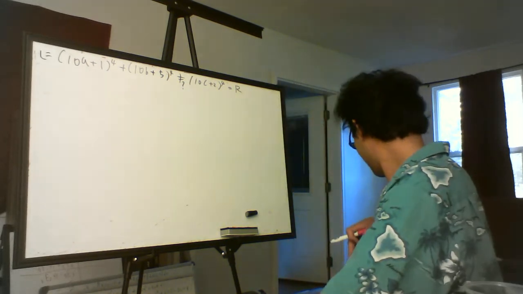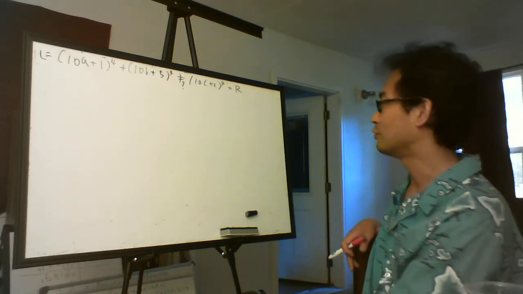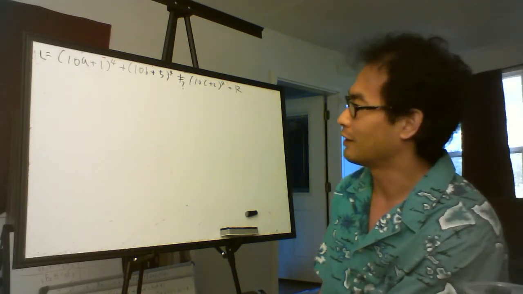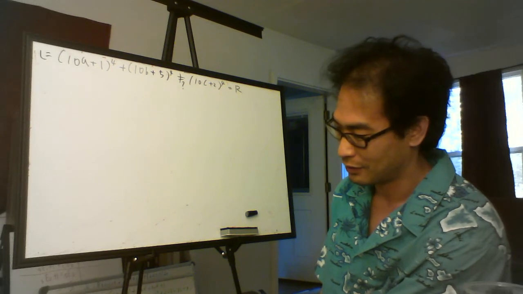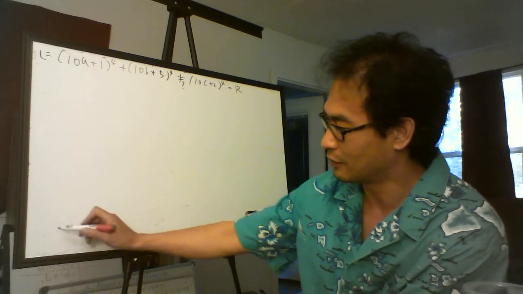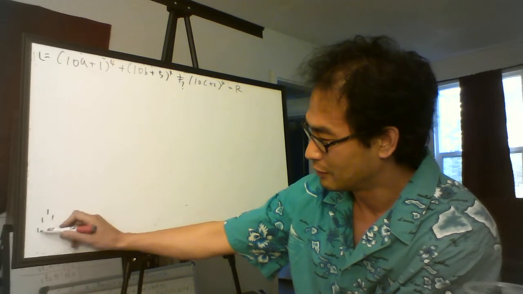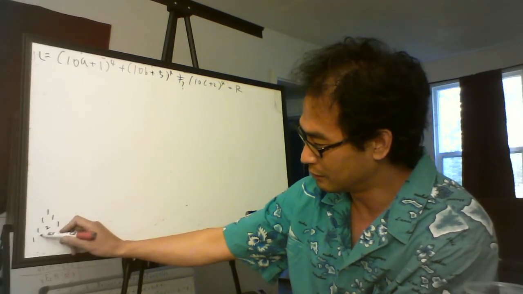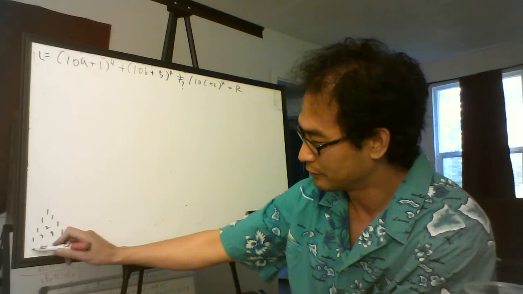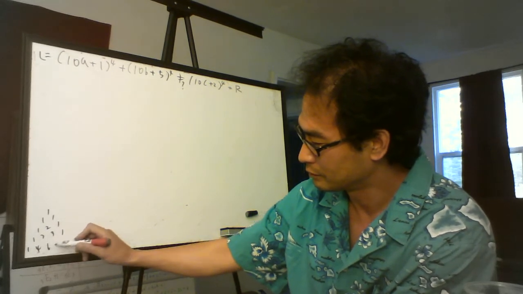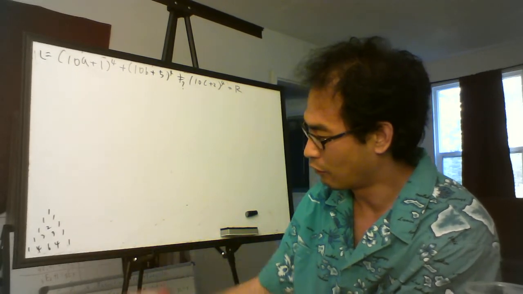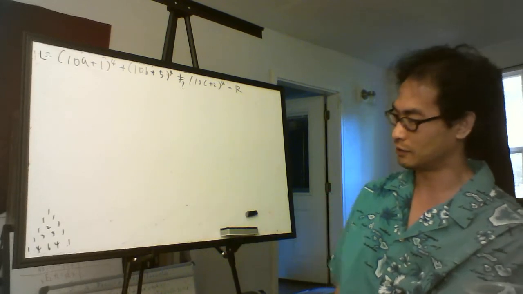Right hand side is long too. We'll do it. The Pascal's triangle, right? 14641.